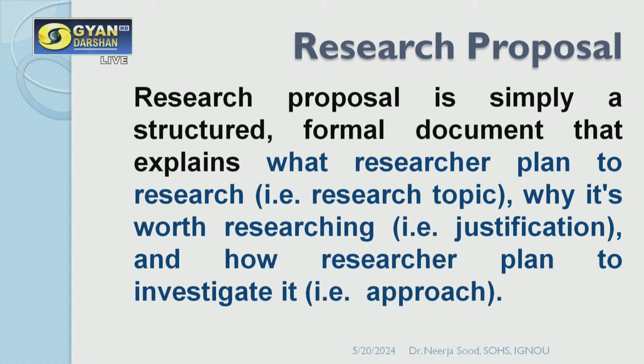A research proposal is simply a structured formal document that explains what the researcher planned to research, why it is worth researching that topic, that means gap area and justification, and how the researcher planned to investigate, that means the detailed methodology. So these are the important components of your research proposal.